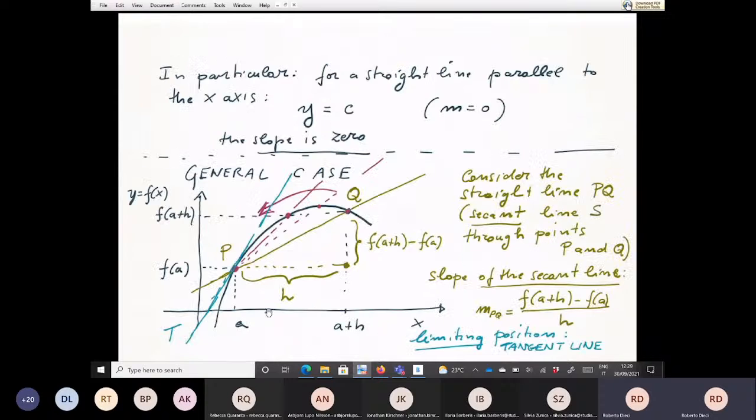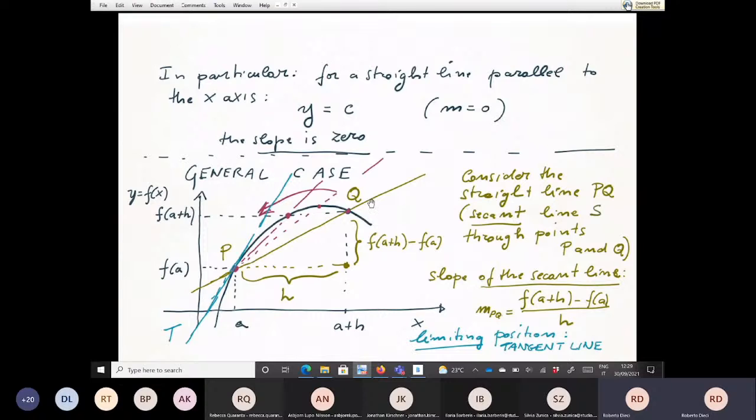Remember that now we take, for instance, this blue graph. This is a function with some analytical expression that we don't care about. We start from a point a, and this is f of a. We take an increment h, so the increment is the length of this interval, and this is f of a plus h. We join the two points, we have a segment PQ, and we consider the straight line through this segment.